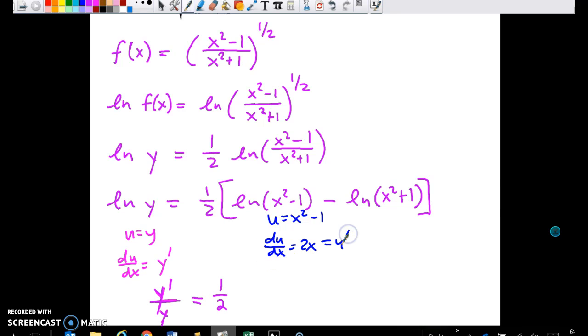Remember, I use the expression du dx for when we do integrals, but now the derivative of the natural log of x squared minus 1 would be u prime over u, so it would be 2x over x squared minus 1. Minus, and then that 1/2 also comes from the beginning again, and this u would be yet another different u, so u would be x squared plus 1. u prime would be 2x, so it would be minus 1/2 of 2x over x squared plus 1.